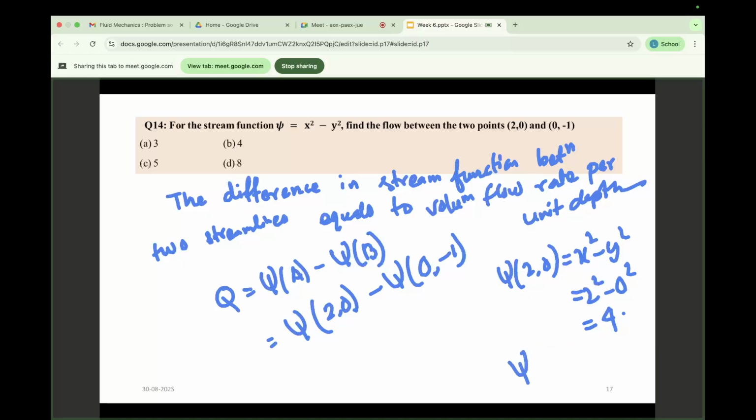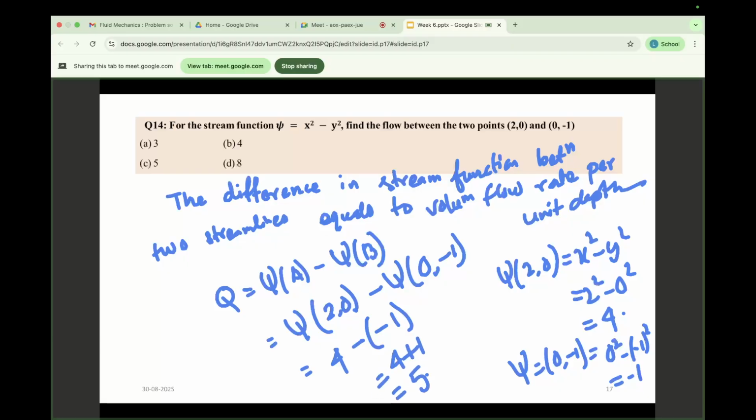Similarly, if you put 0 comma minus 1, it's 0 square minus 1 square, that means minus 1. So 4 minus minus 1 is plus 1, this one is 5. So 5 is the correct option.